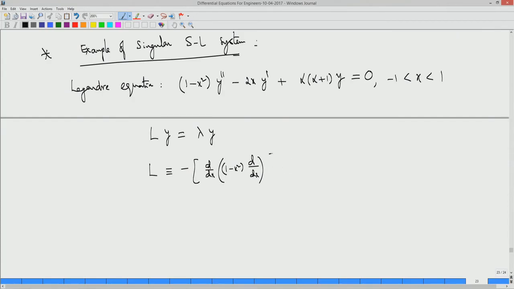There is no q here. What is lambda? Lambda is simply alpha into (alpha plus 1).